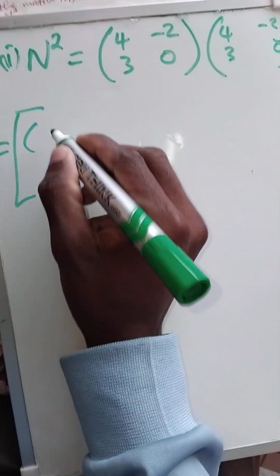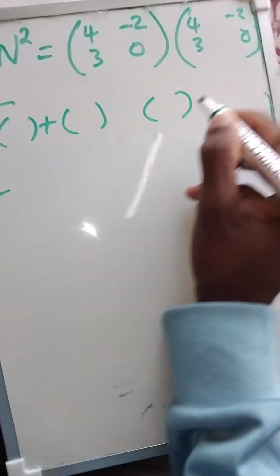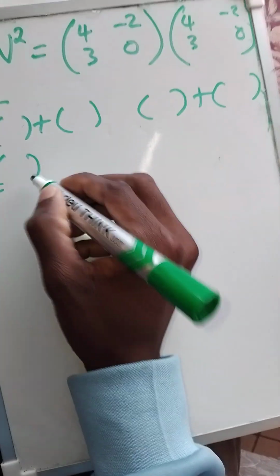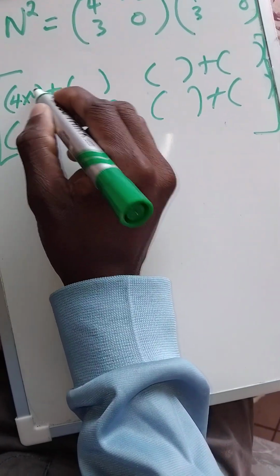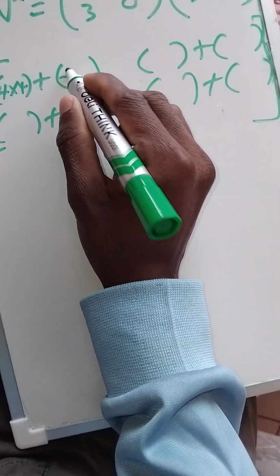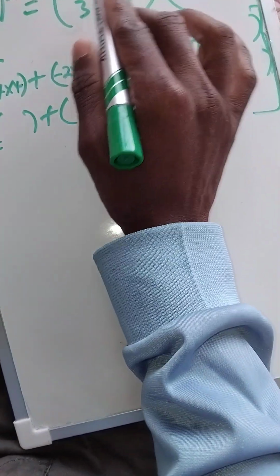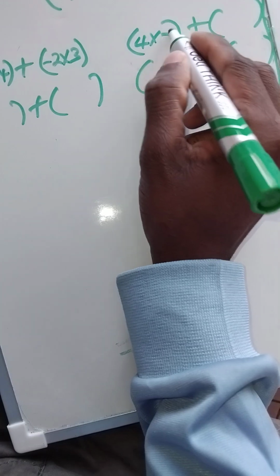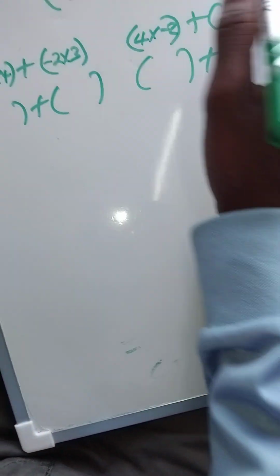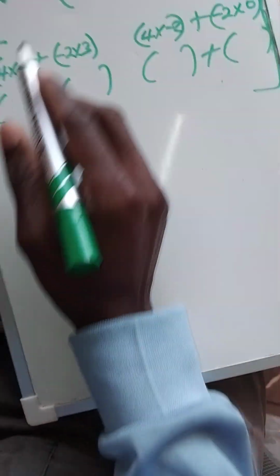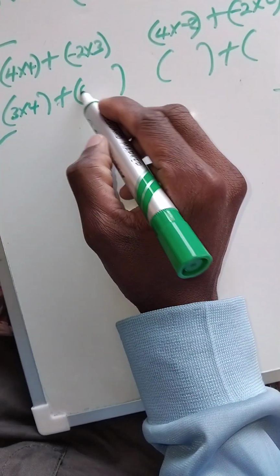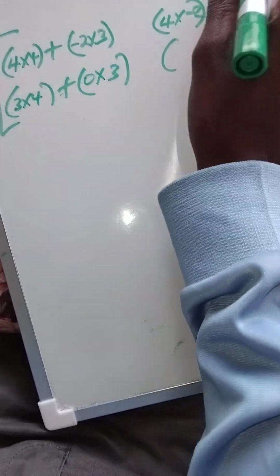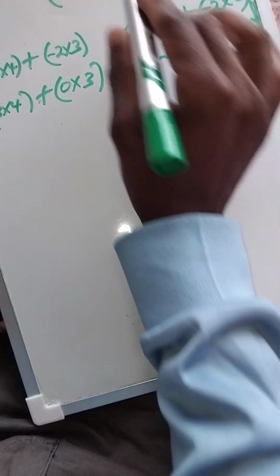So this is 2 by 2: 4 times 4, negative 2 times 3, then 4 times negative 2, negative 2 times 0, then 3 times 4 plus 0 times 3, then 3 times negative 2, and 0 times 0.